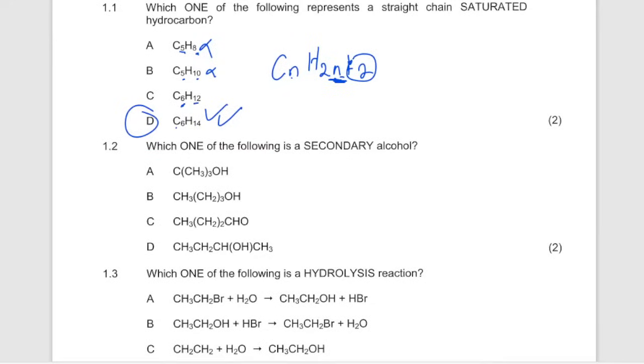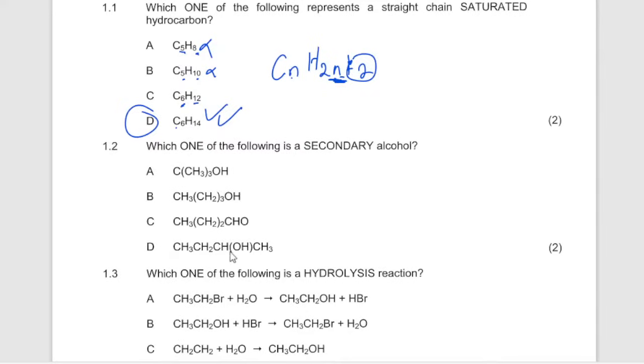Let's go to 1.2. They're saying which one of the following is a secondary alcohol? Secondary alcohol has two side groups, alkyl groups. So if you look at this, it's not, because it's having this, and then this is just a straight chain, and then this is not.